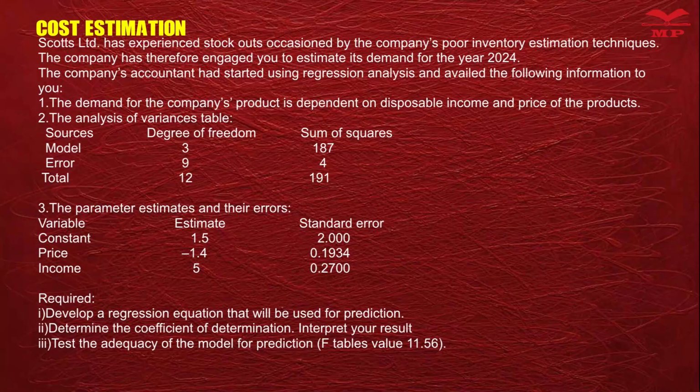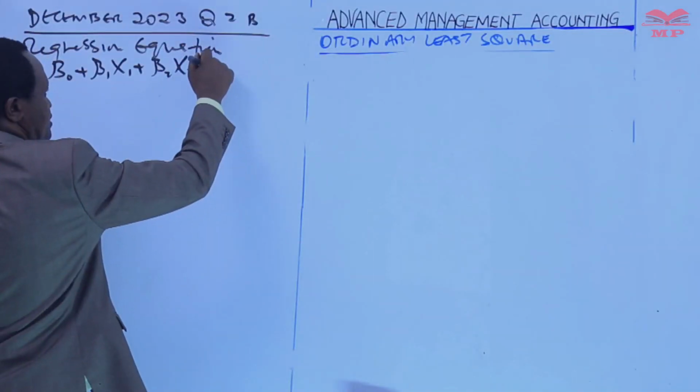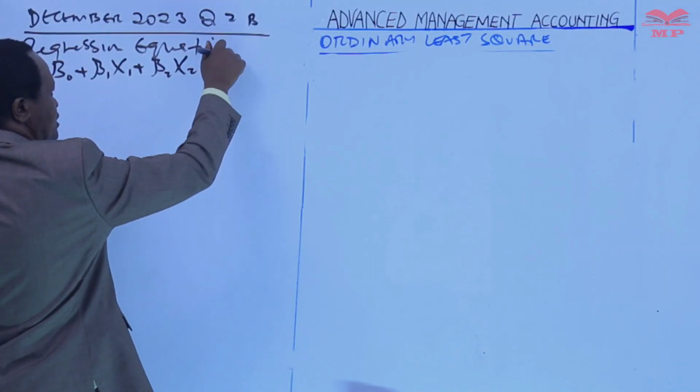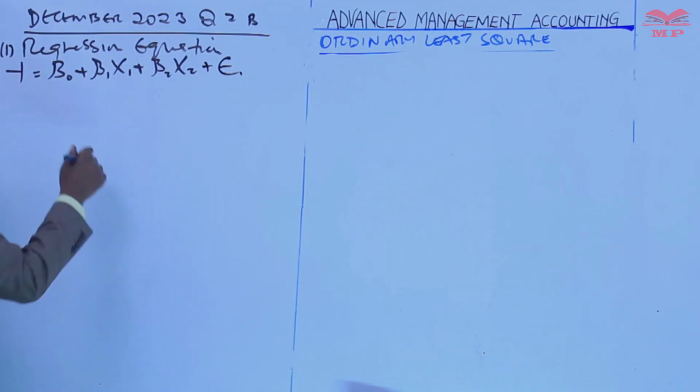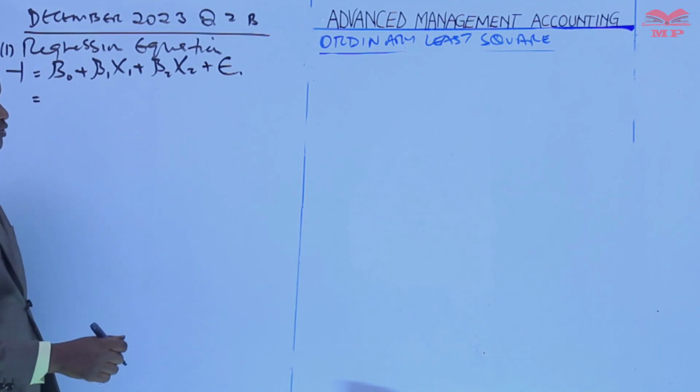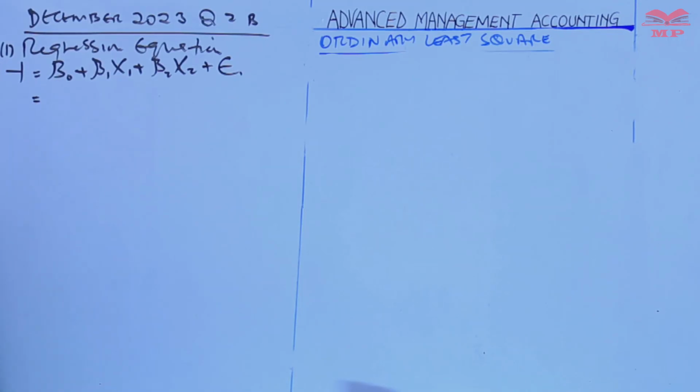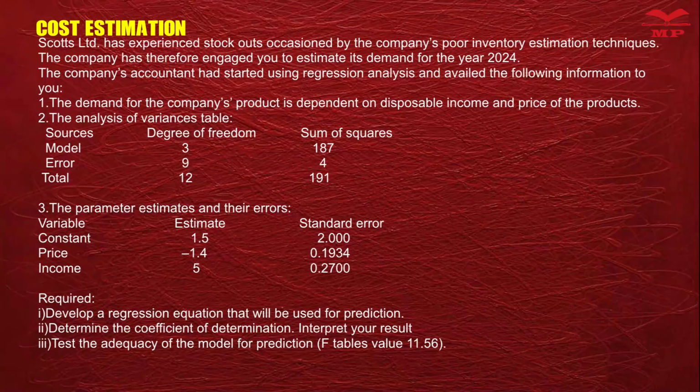These are 2. All right. Plus error. So we check from the question. Do we have beta naught? The intercept.